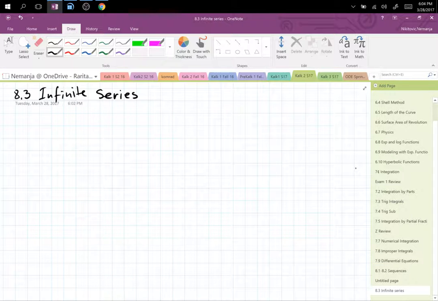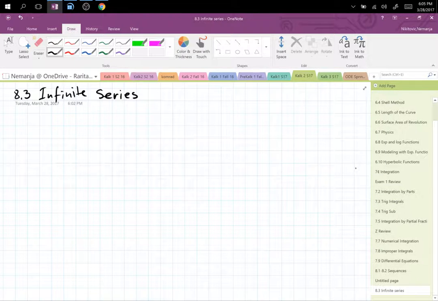Anyway, first lecture on chapter 8 was sections 8.1, 8.2, which combined knowledge on sequences. And we defined the sequence as the ordered list of numbers. And since it's a list of numbers, we separate members of that list by commas.